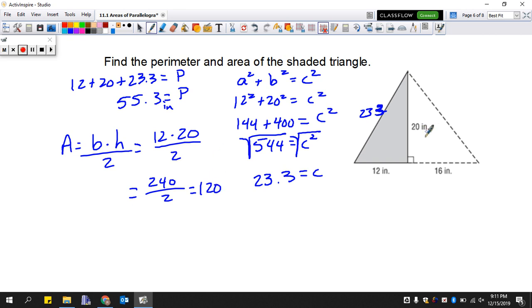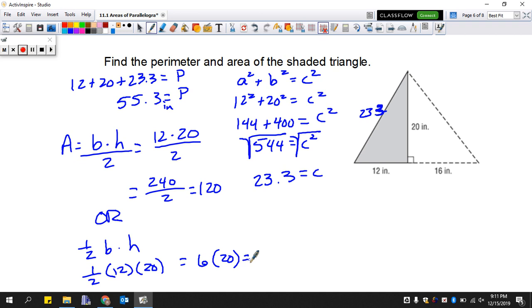The other way you could do it is 1/2 of the base times the height, which would be 1/2 of 12 times 20. Half of 12 is 6, times 20, which is 120, exactly the same thing, and that's square inches.